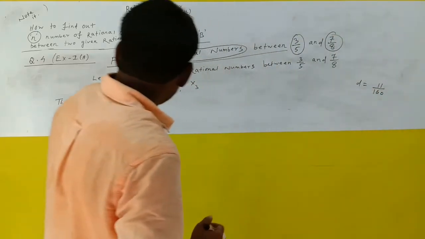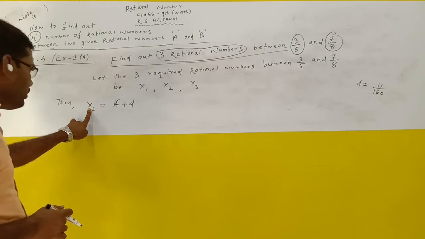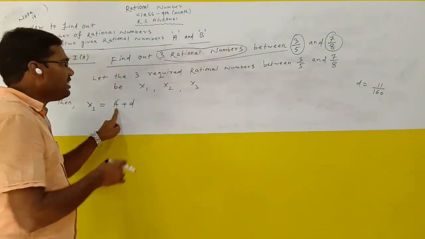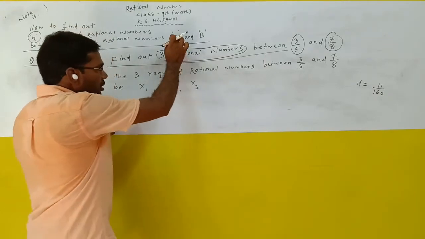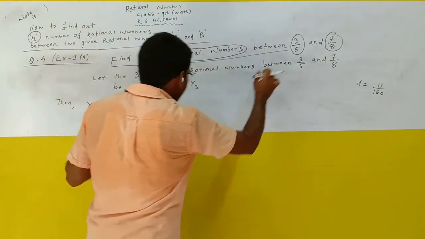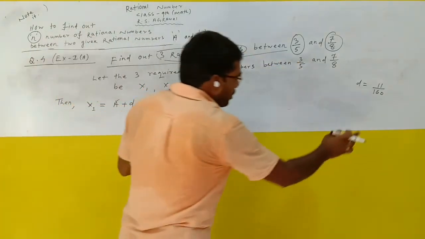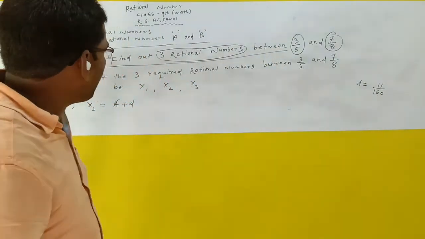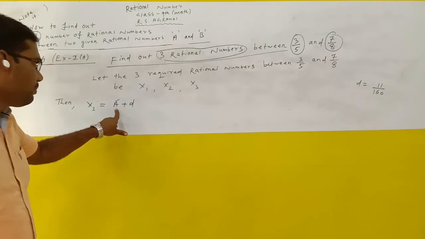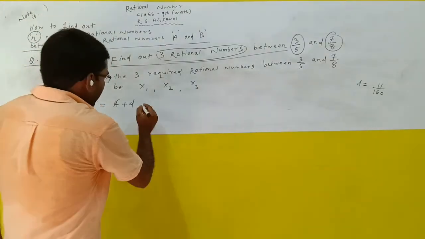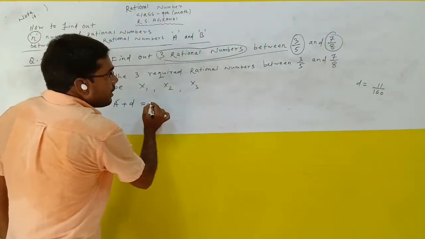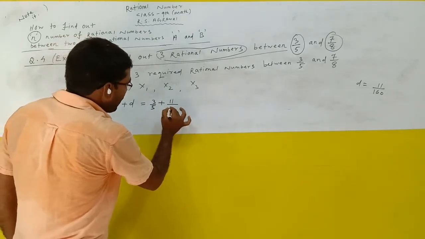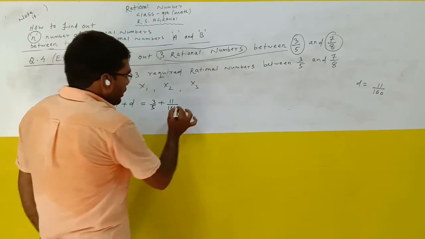So your first required rational number, that is x1, will be equal to A plus D. A is the first given rational number, that is 3 by 5, and the value of D equals 11 by 160. Already you have found it out. So when you add D to A, it means 3 by 5 plus 11 by 160.